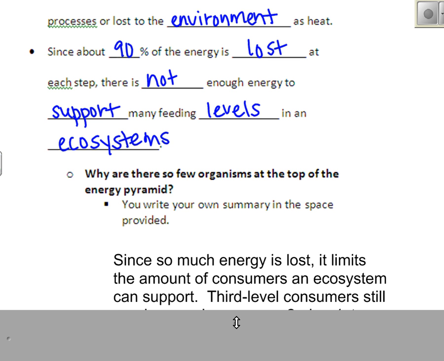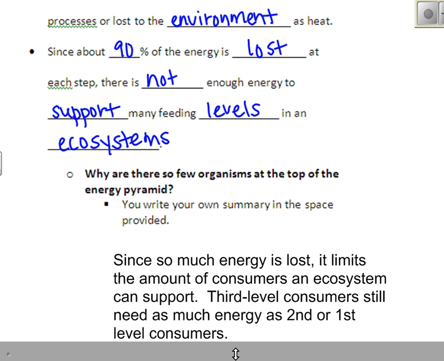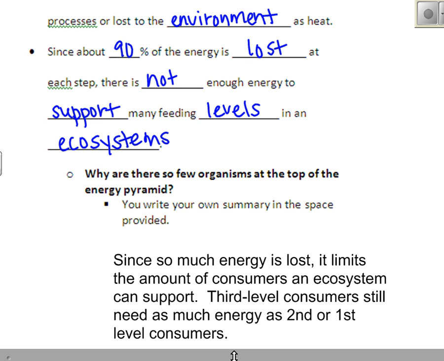Third level consumers still need as much energy as second or first level consumers. And so usually they're going to have to eat more organisms than a first level consumer would have to consume in order to get as much energy as it needs to function.